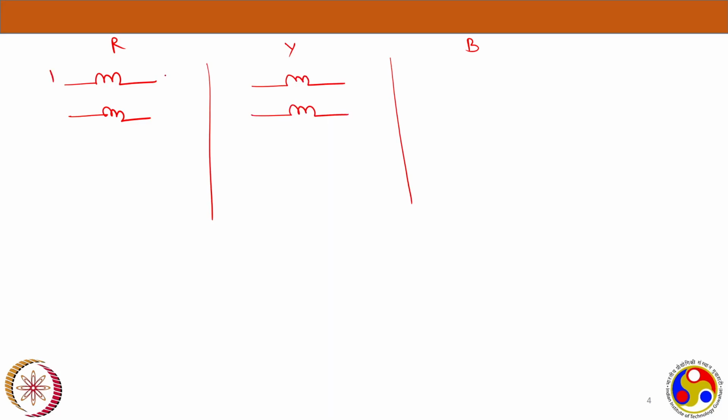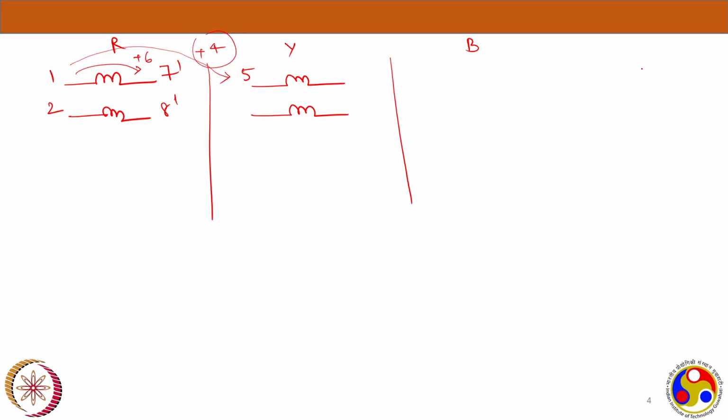So this one we already got: 1 7 dash and 2 8 dash, with a 180 degree full pitch. From 1, I'm taking 1 plus 4, that is 5. How did we get the 4?